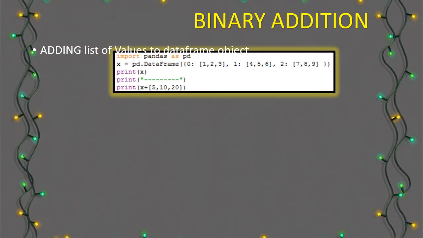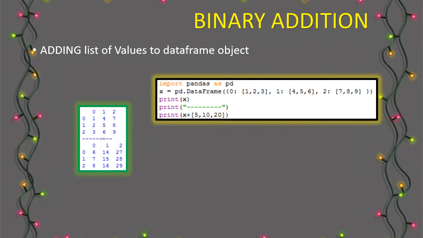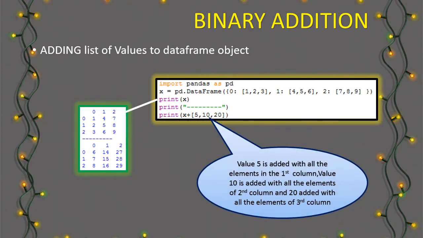Next, we can add a list of values with the data frame x. So x plus 5, 10, 20, this is a list of values, and 5, 10, 20 will be added with this x. Here the default axis is 0, that is column wise.